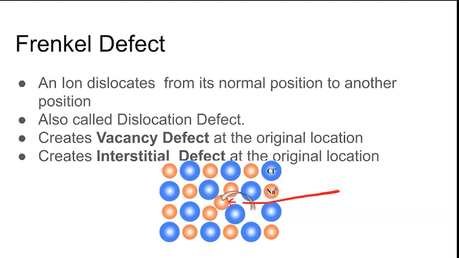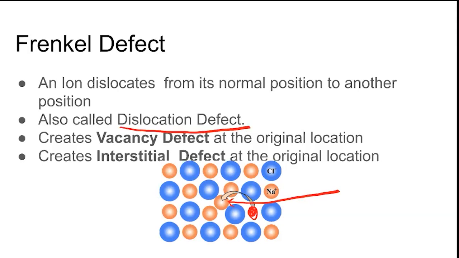It is not supposed to be present here, but it has moved from its original place to here. Does the electrical neutrality get affected here? No, because there is no addition or subtraction of an atom. It remains neutral, there is simply a dislocation. This is also called a dislocation defect.